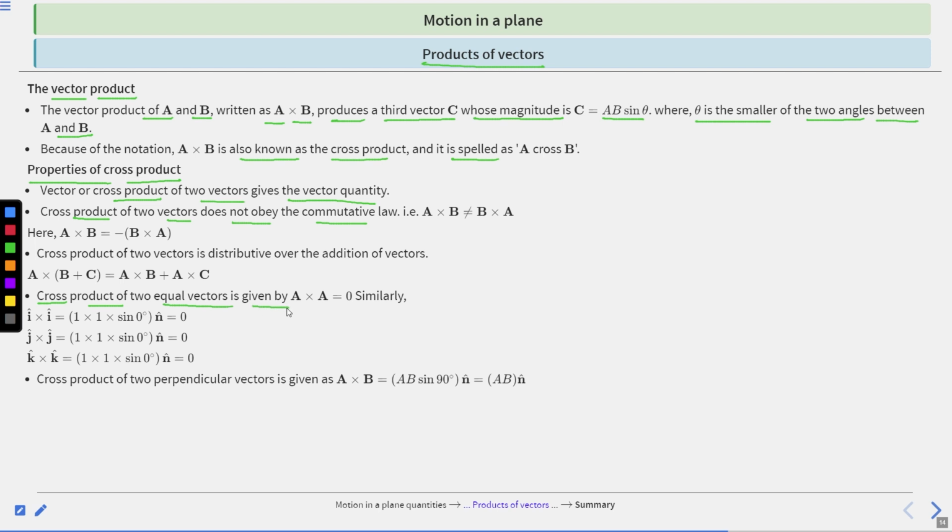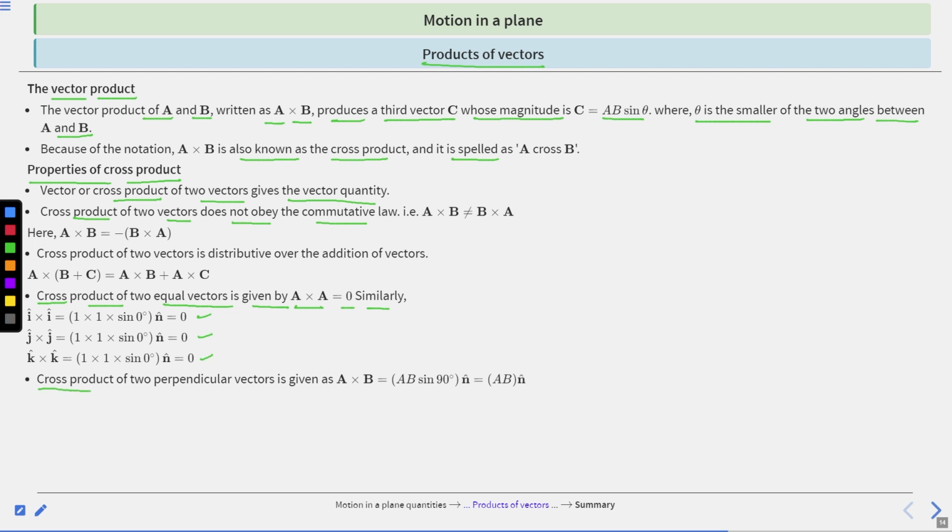The cross product of a vector with itself is given by A vector cross A vector is equal to 0. Similarly, I cap cross I cap is equal to 0, J cross J is equal to 0, and K cap cross K cap is equal to 0. Clear?